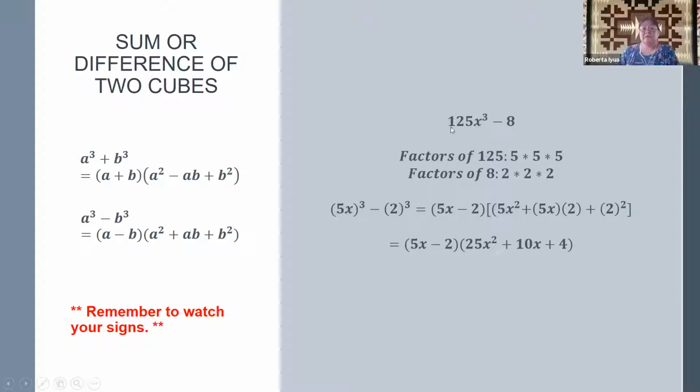This is the factored form of 125x cubed minus 8.